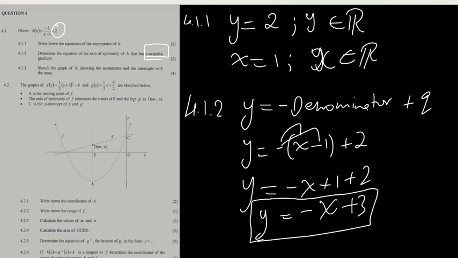So your approach here would be, okay, y is equal to denominator plus 2. You see now you have a positive here. That is equal to x minus 1 plus 2.